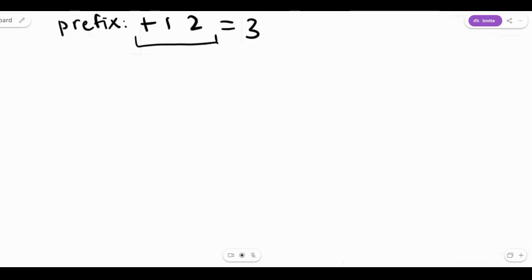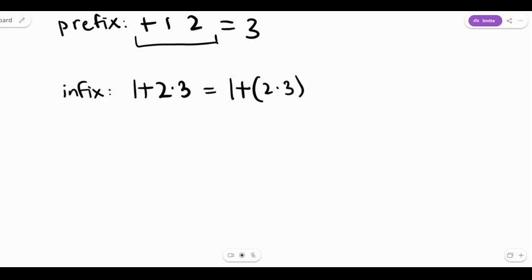So let's do a slightly more complicated example. Let's look at the infix expression that we used earlier, 1 + 2 * 3. Thinking about what order of operations does, if we put parentheses around what we have to do first, this would be the same as 1 + (2 * 3), because we have to do multiplication first.